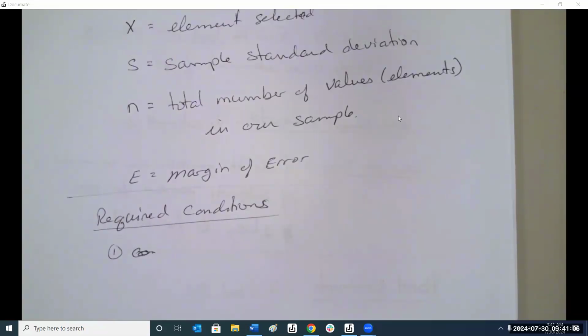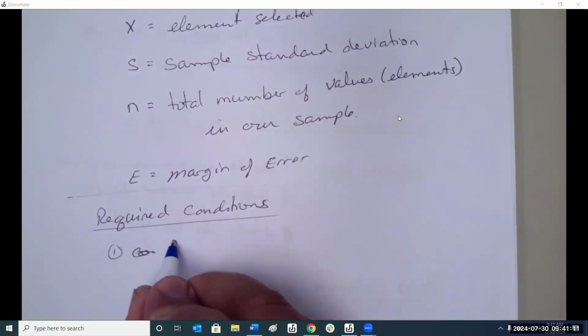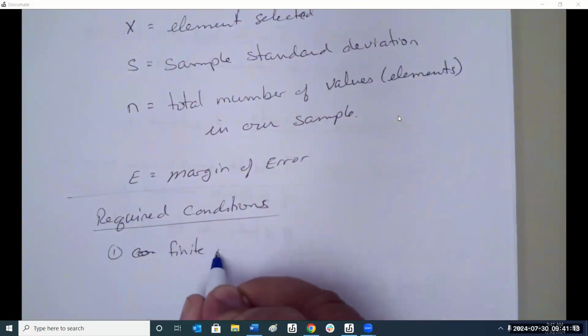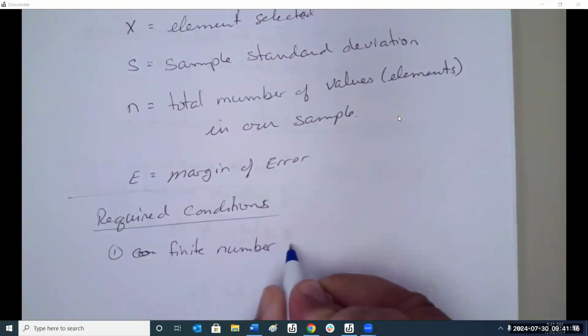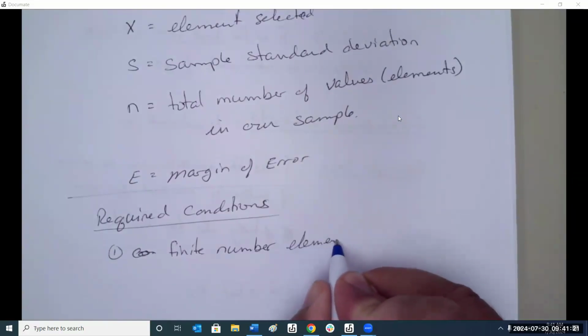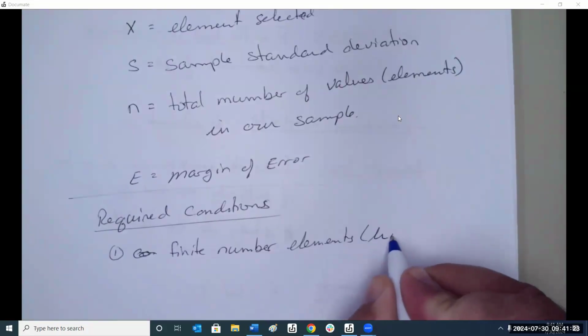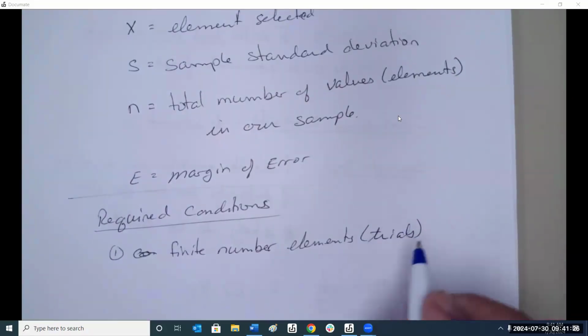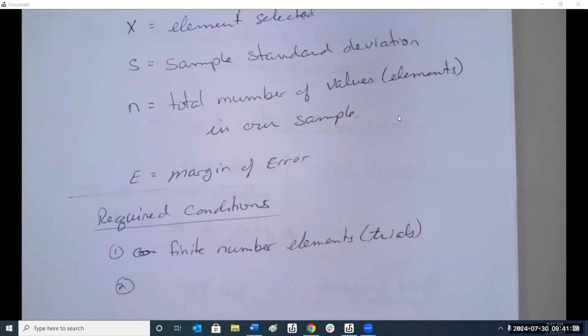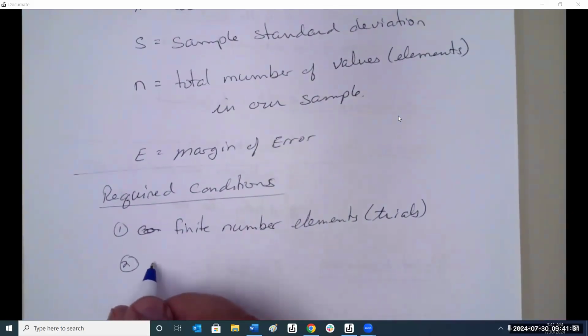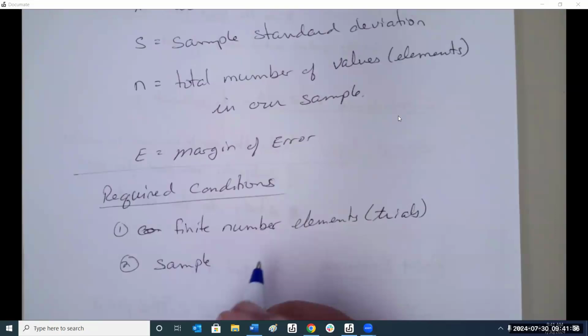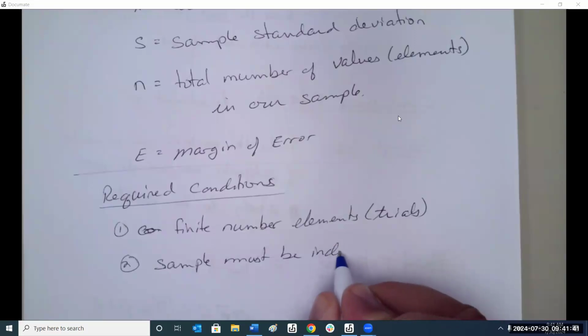You have to be finite, a finite number of elements, or in this case, trials. They must be independent.